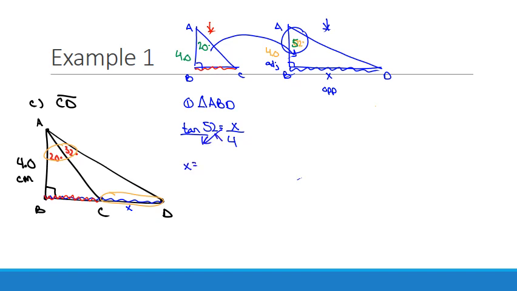That's X. 4 times tan 52. 4 times tan 52 is 5.12. And that is centimeters. So that is the large one, okay? That's BD. In the second one, and I can even write that, BD.